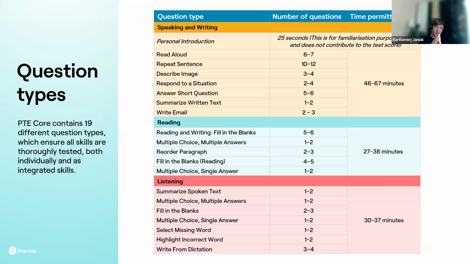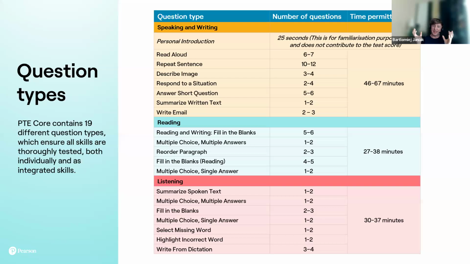There is one extra question type, because in PTE Academic we have retell lecture. That's the academic reality: you listen to an academic lecture, a professor teaching a subject, and your friend has been absent and you need to retell the lecture. In PTE Core, you'll have respond to a situation.